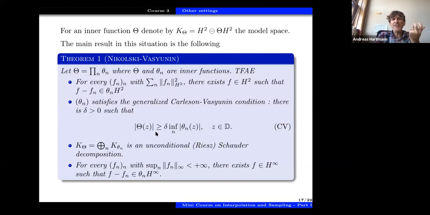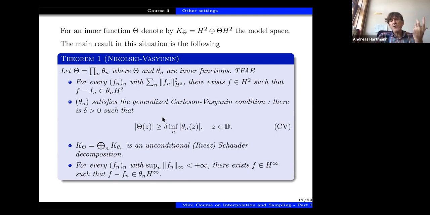But what is very nice is that there is a very nice characterization of the interpolating sequences in this sense. I don't want to go into details of this.